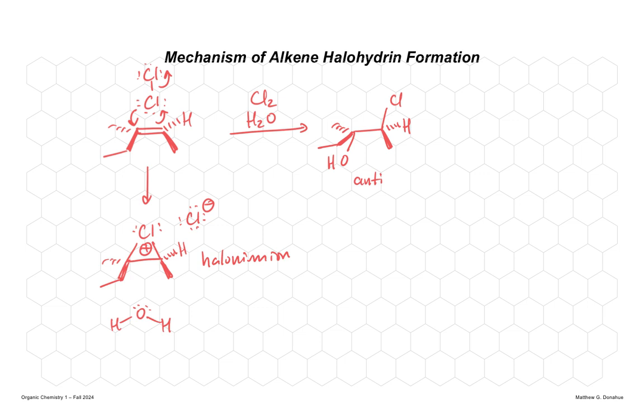But we have a choice of which carbon it's going to attack. Since the chlorine is plus, we want to think of this in terms of opening that ring. Which carbon atom would then be the most stable carbocation?